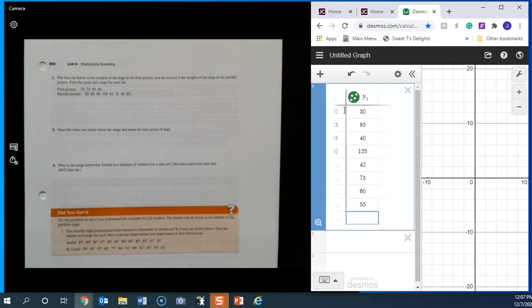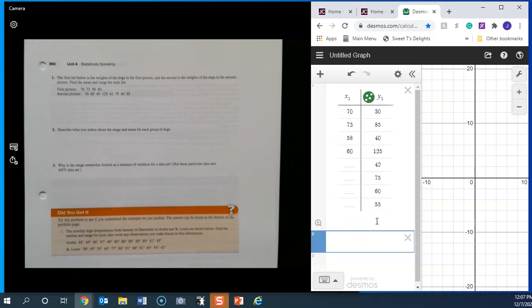Now it doesn't matter that they're not the same length because we're not graphing here. We're just doing our mean value here. And then the range, we could actually do that as well. And I'll show you how to do the range with your table.